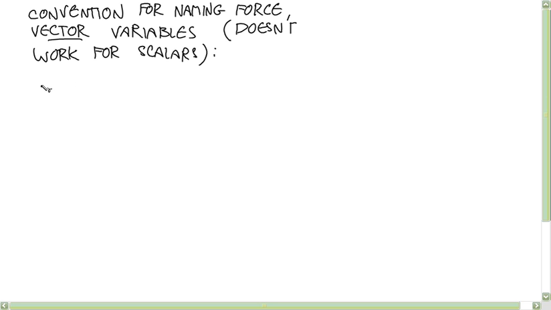We're going to name these force variables F for force, subscript AB, and these are vectors, where this A represents the object being acted on, and this B represents the object applying the force.